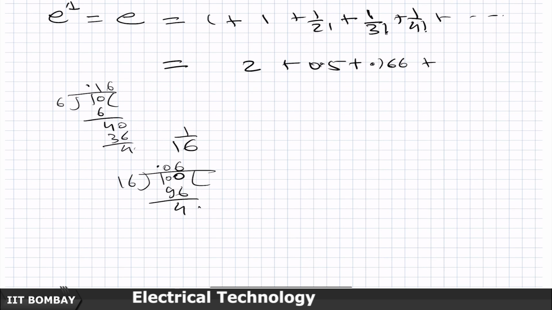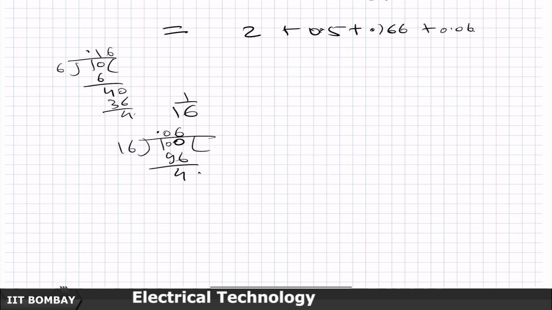So you will get something like 0.04 or so. We will check it out, and so on. So you can see that this is 2.5, then 2.666, and there are additional terms and so on.